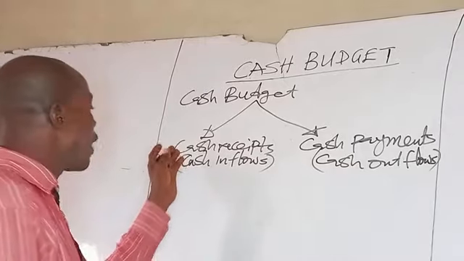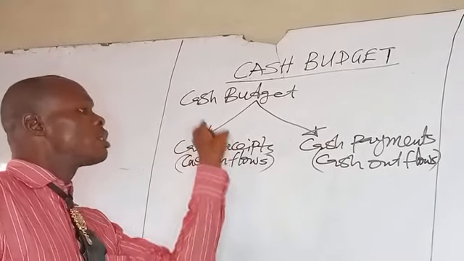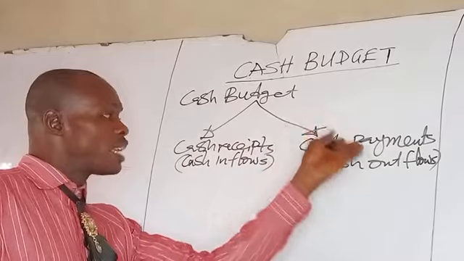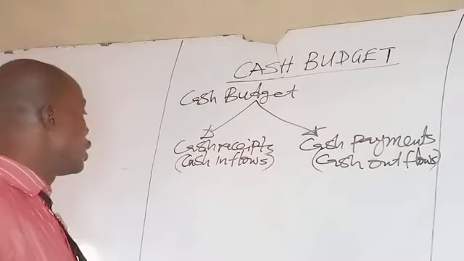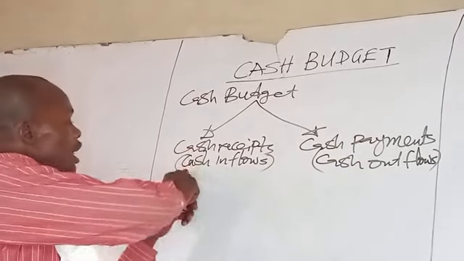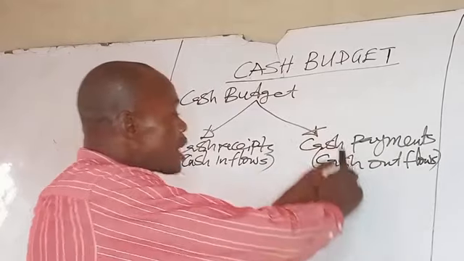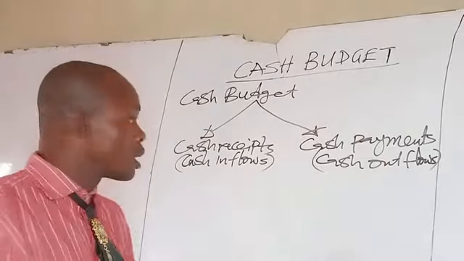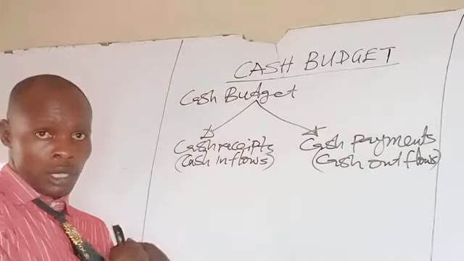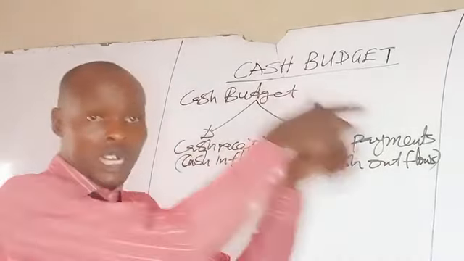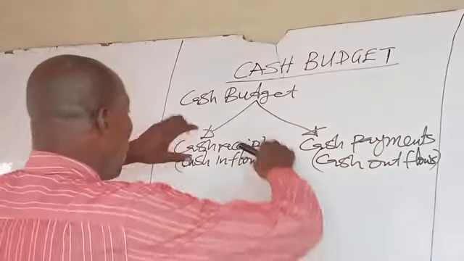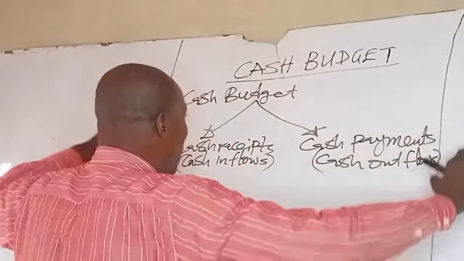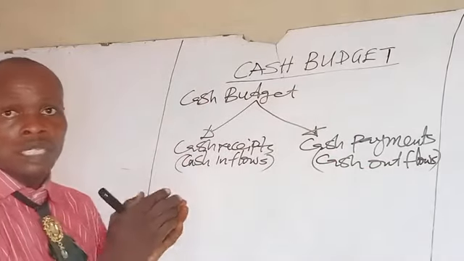Cash budget shows the forecast cash receipts and payments over the budgeted period. Cash receipts, inflows, cash payments, outflows. So both cash receipts and cash payments are brought together in the cash budget.